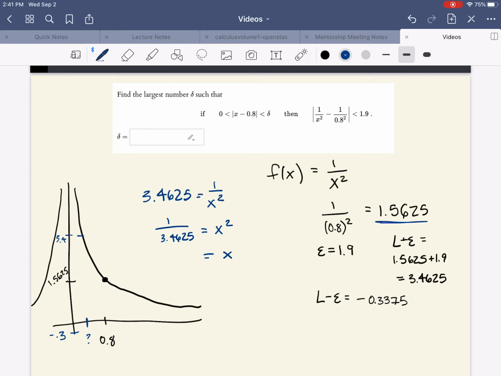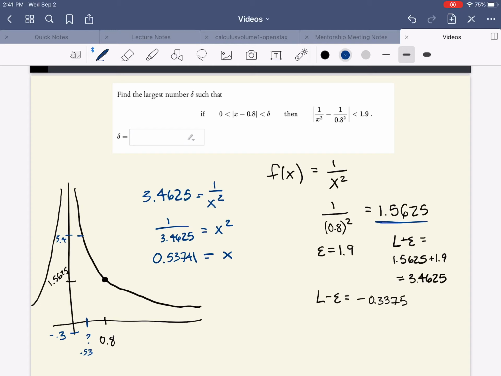So let me type this into my calculator. Again, I encourage you to try this at home just to make sure there's no calculator issues. So I do 1 over this, and then I do the square root. And I get 0.53741. We'll call it there. Okay. So this is about 0.53.